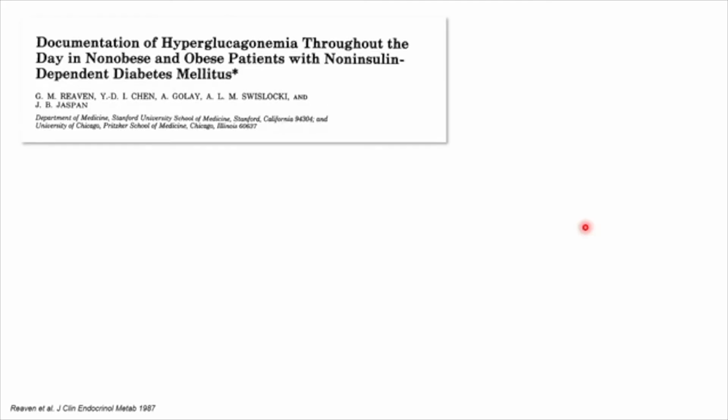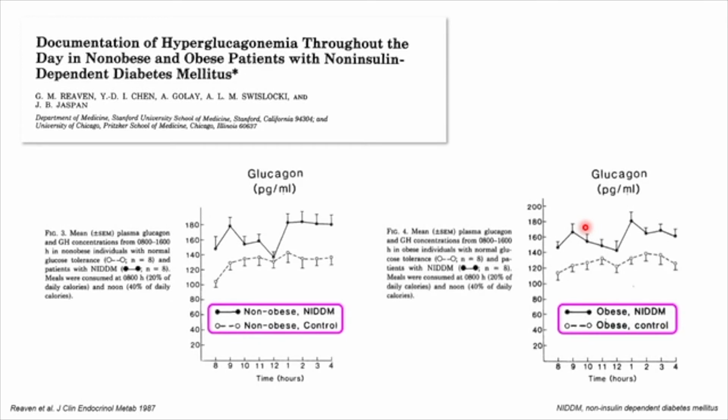I think if you have either written about or read about glucagon and type 2 diabetes, you have probably seen a reference to this work, Gerald Reaven's work from 1987, showing for the first time that glucagon levels in the fasted state and throughout the day are elevated in patients with type 2 diabetes compared to healthy controls.